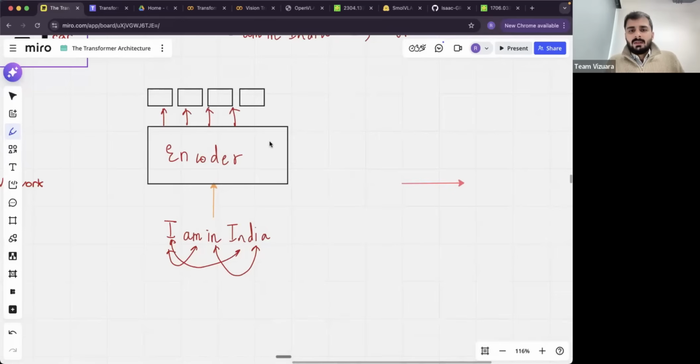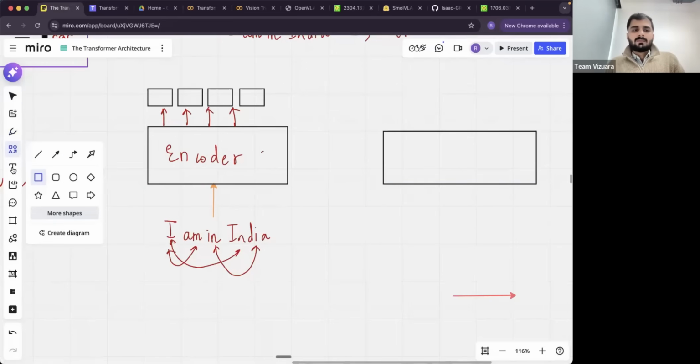Okay. Now, once you do this step and you have encoded this information which is coming in as an input sequence, we have the next block which is the decoder block. Now, in the decoder block, what will happen?